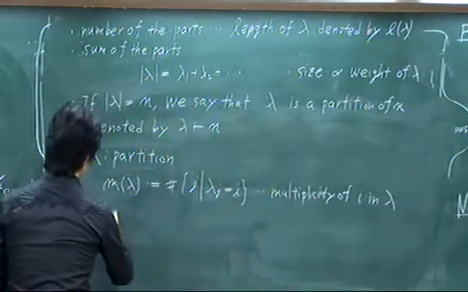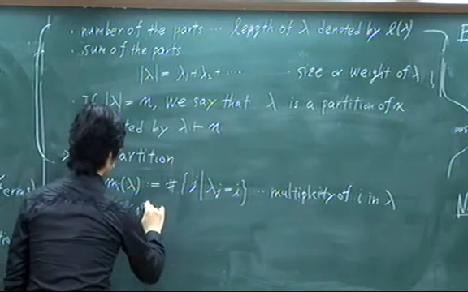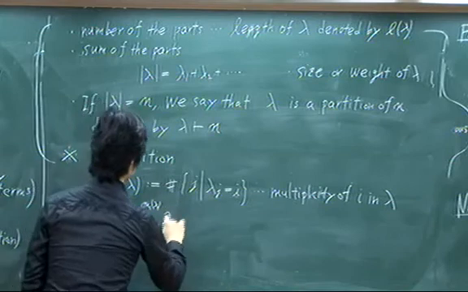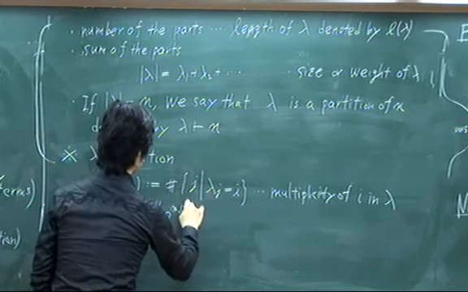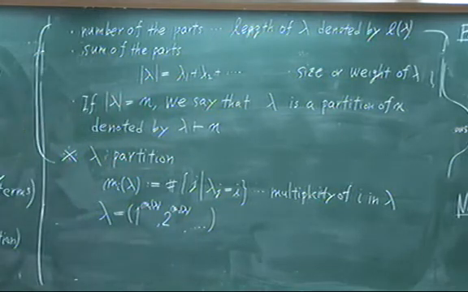Then lambda is sometimes written as 1^(m_1(lambda)) 2^(m_2(lambda)) and so on. This notation is sometimes used.